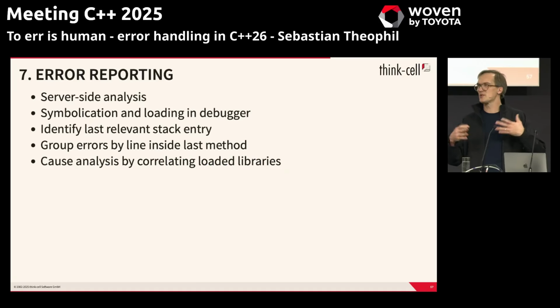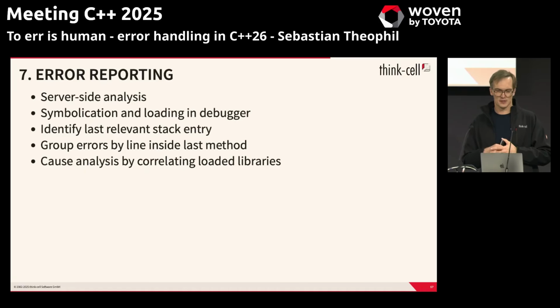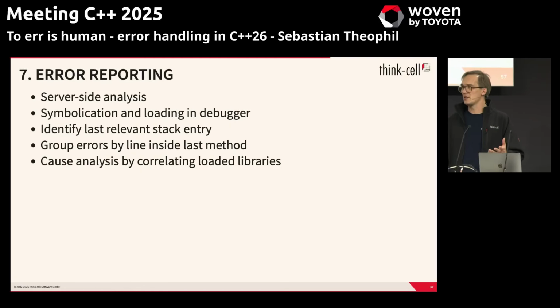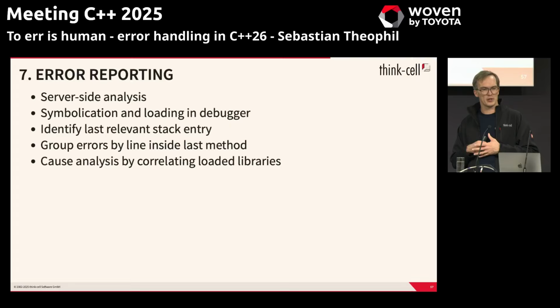And then we do even some server-side analysis on these things. So we open all these mini-dumps on the server, we symbolicate them, we load them in a programmable debugger, and for example, we can identify the last relevant stack entry.